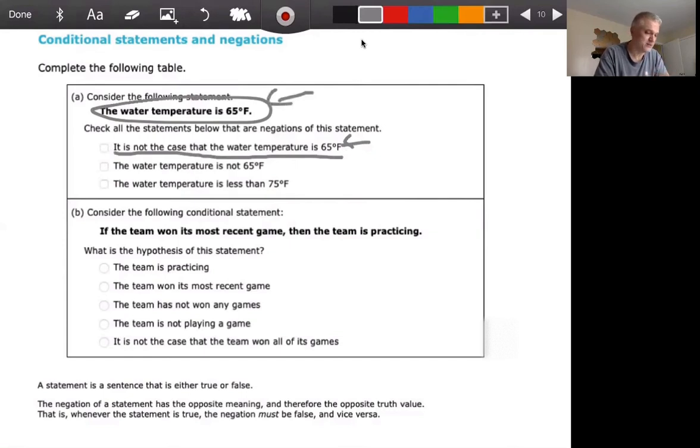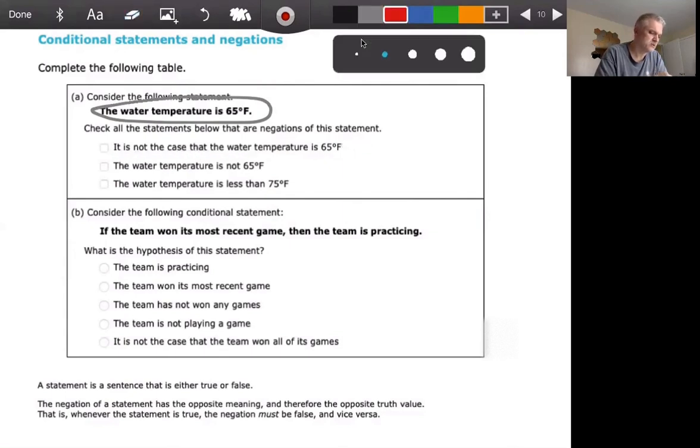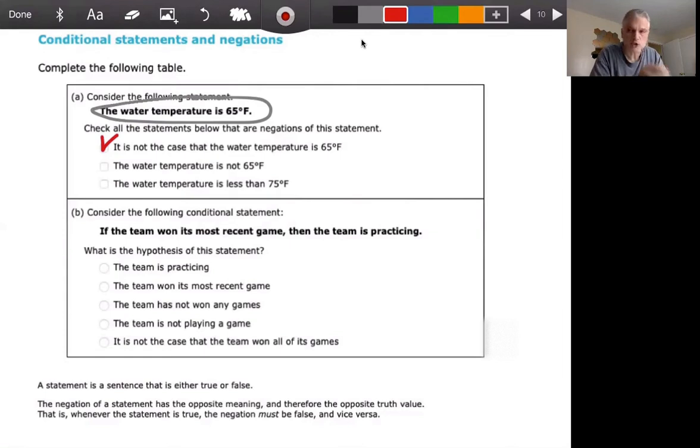Yeah, it does. It's exactly what it says. So that first one is a negation. Second one: the water temperature is not 65 degrees Fahrenheit. If that's true, the original can't be true. It's got to be false. So that is also a negation.